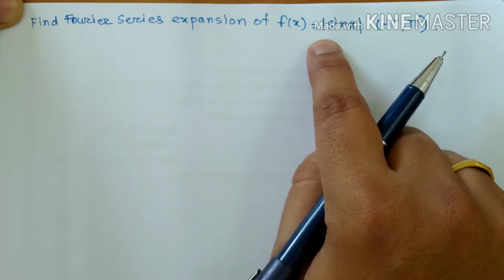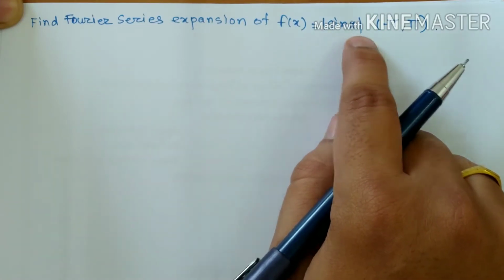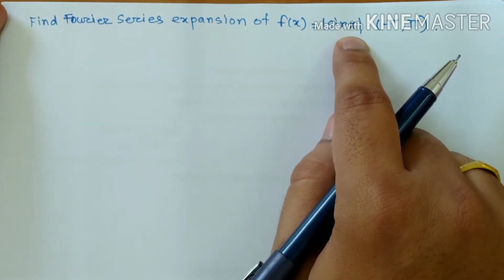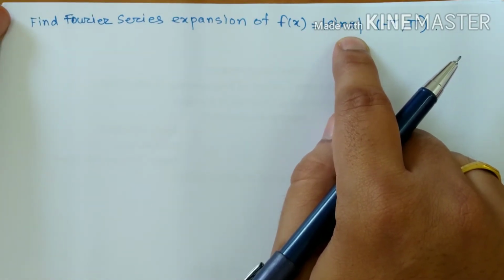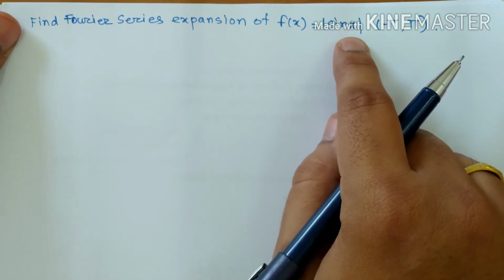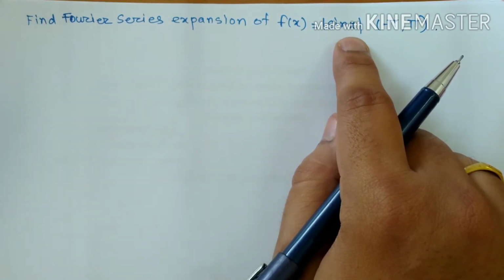I am telling this is an interesting problem because here the function is mod of sin x. So while solving this particular problem, you must know the property of the modulus function. Earlier in school you have studied the function f of x is equal to mod x for all x belonging to the real number set. When x is a positive number or 0, its value remains the same, there is no change.